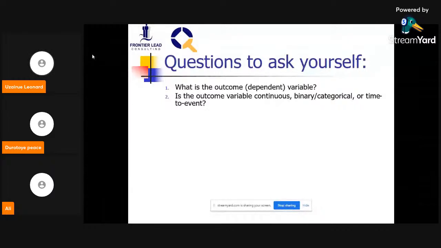And I made mention yesterday that, for you to understand the difference between continuous variables and categorical, or qualitative and quantitative variables, I used malaria as an example. For some of us that are conversant with how malaria is scored, you know that someone either has malaria or does not have malaria.